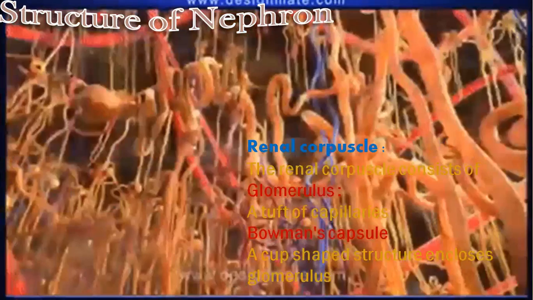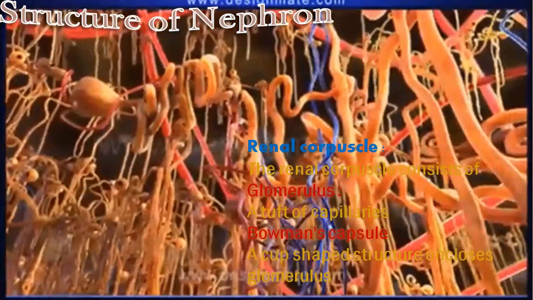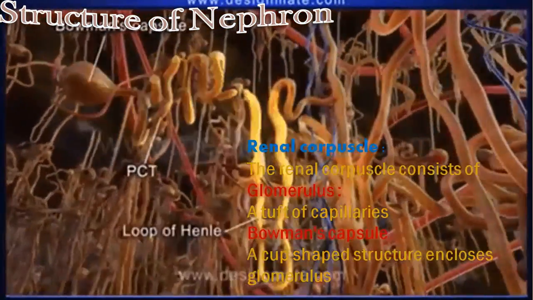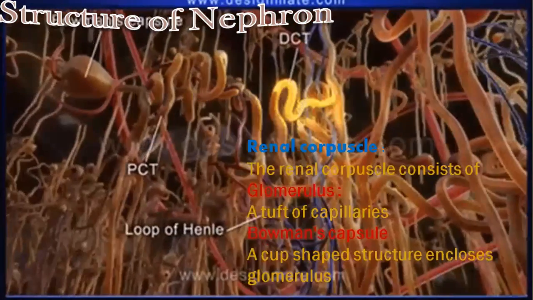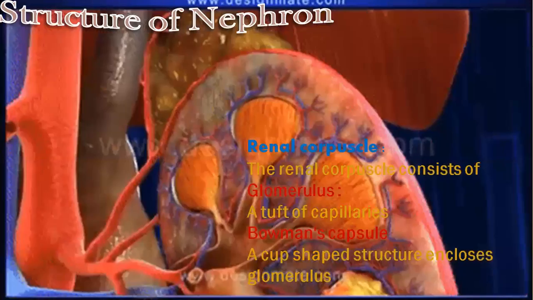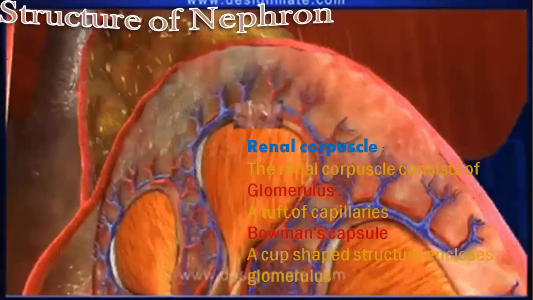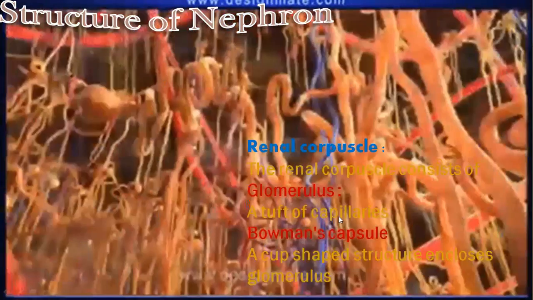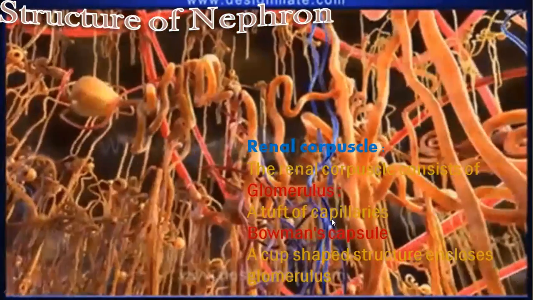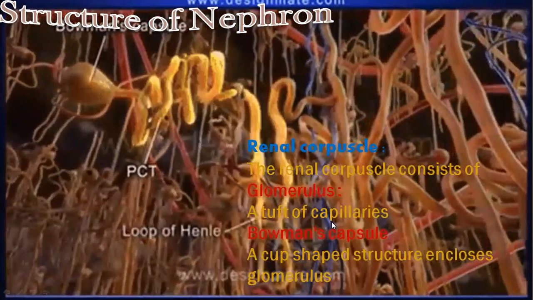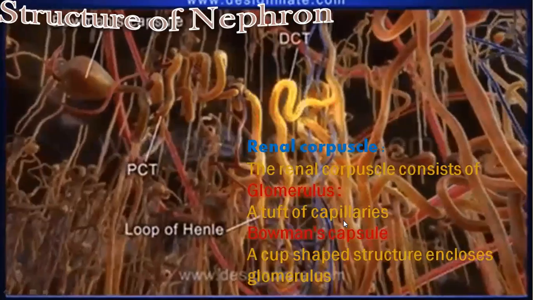It functions in homeostasis, because the blood comes from the whole of the body and enters into the capillaries in the glomerulus, and due to this there is a filtration process in the glomerulus.